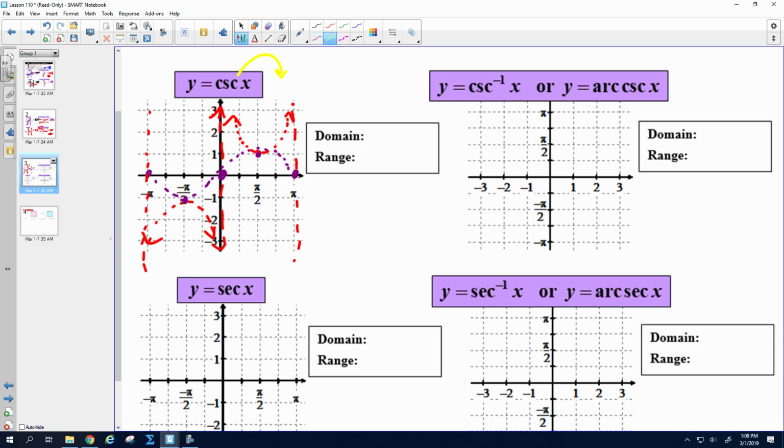So remember that, these are the same restrictions as the sine graph, all right? And we restricted our sine graph right here, because then it was 1 to 1, right? From pi over 2 to negative pi over 2.